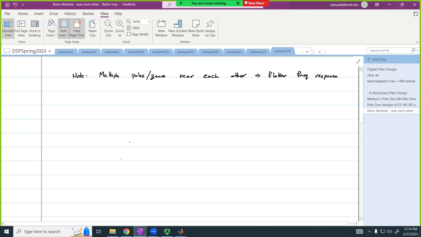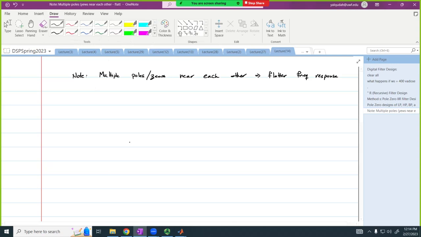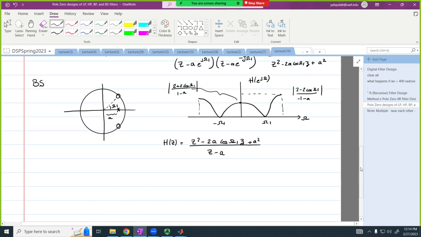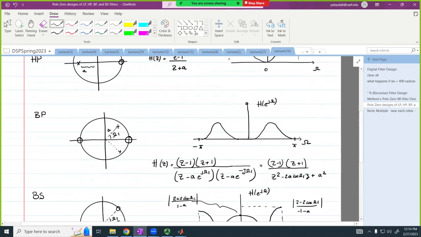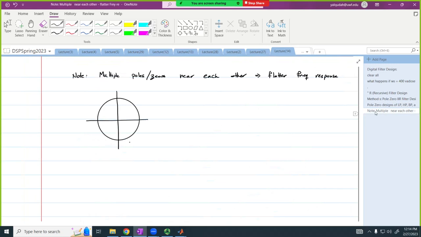So for instance, if I want to design a bandpass filter, using a single pole we got something that looks like this. What if I want to make this smoother, or flatter, sorry.